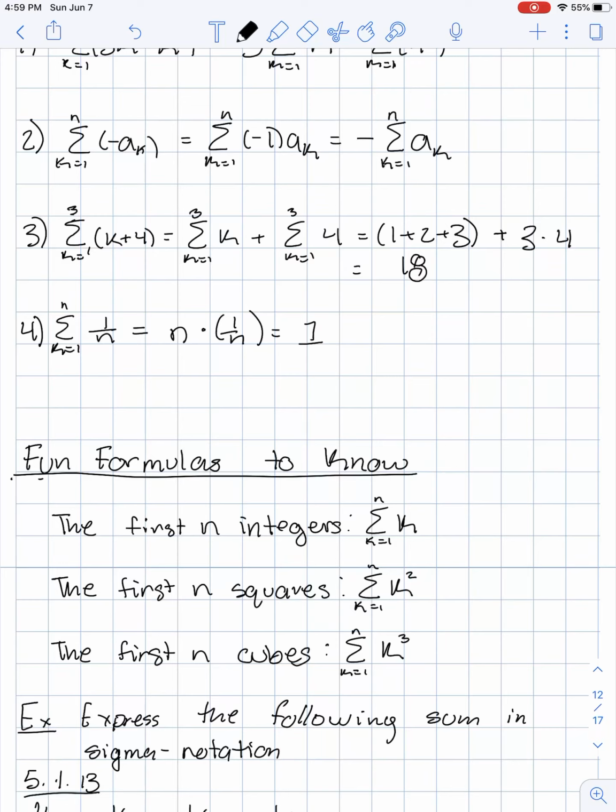So we have the first n integers, first n squares, first n cubes. All right, so the first n integers, that sum, so you're just adding k, the summation of k from 1 to n, is going to be n times n plus 1 over 2.